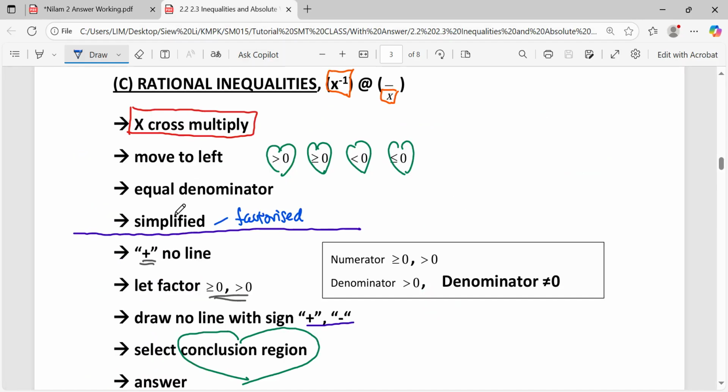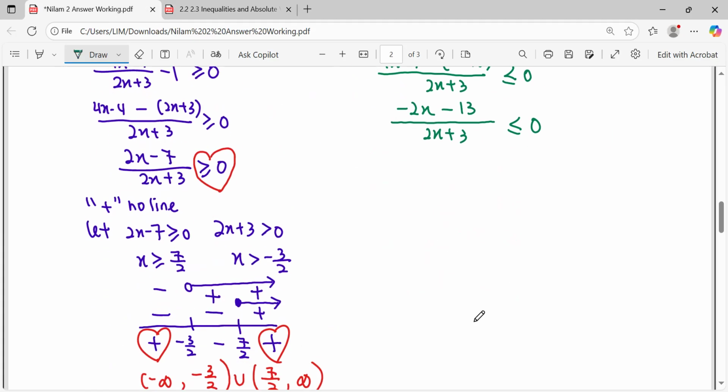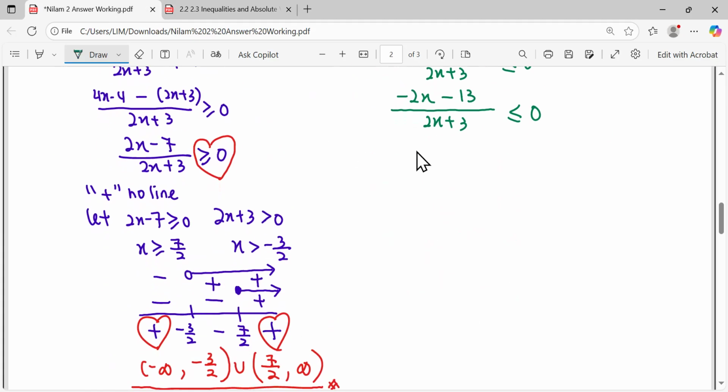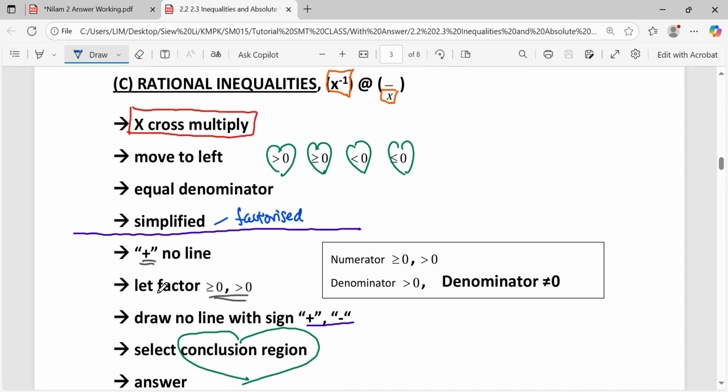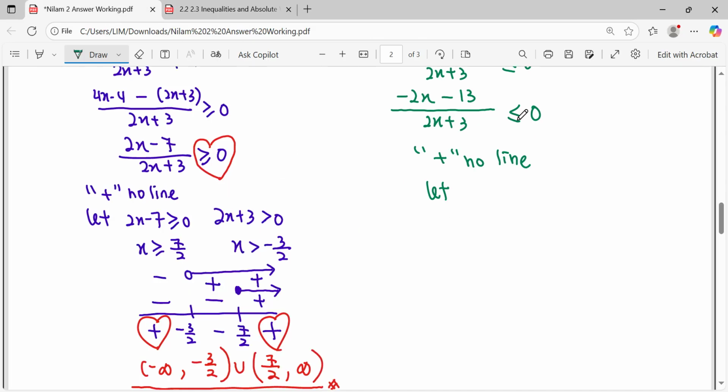To solve the simplest fraction that we have, we start the working of the positive number line. For doing the positive number line, the idea must be to let the factor be positive. Numerator can be equal, denominator cannot be equal. So the numerator, let negative 2x minus 13 be positive.